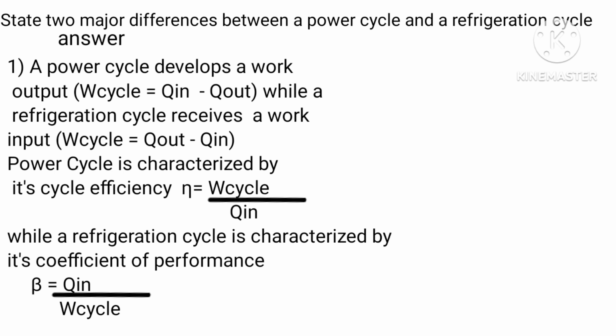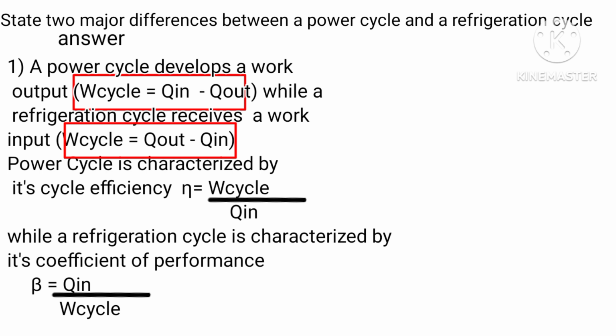So those are the two differences: the power cycle has W cycle equal to Q in minus Q out, while the refrigeration cycle has W cycle equal to Q out minus Q in. So that is the two common differences there. But they are not the same.